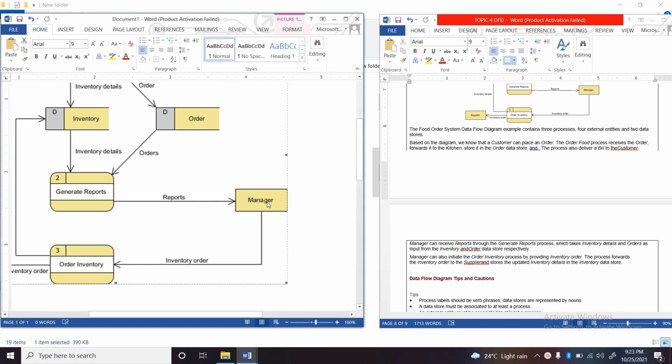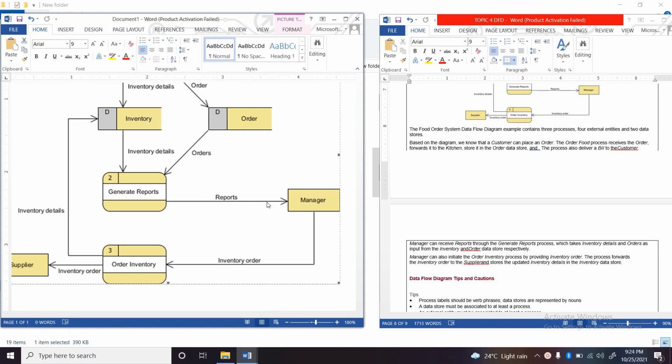Through the generate reports process, which takes inventory details and orders as input from the inventory. So, we have here the inventory details. Okay, yung generate reports kasi natin, bago siya magbigay ng report sa manager, meron tayong mga inventory details. Ito yung mga nasa loob ng ating generate reports or yung process na ikukunin niya.